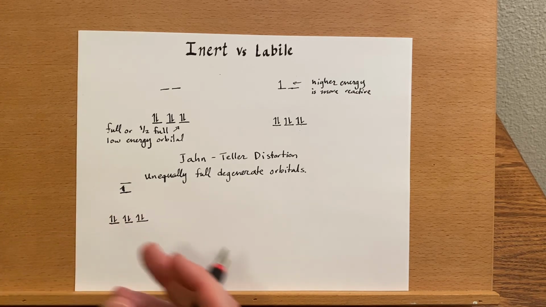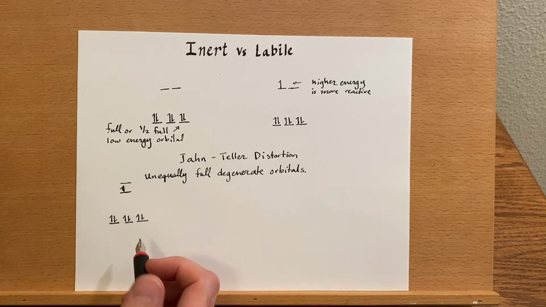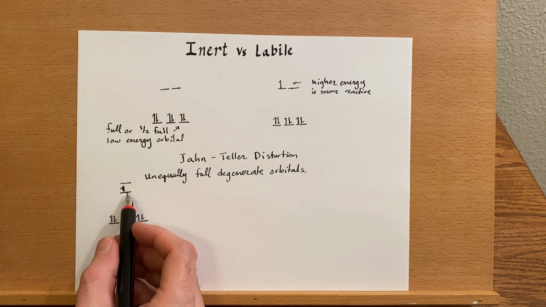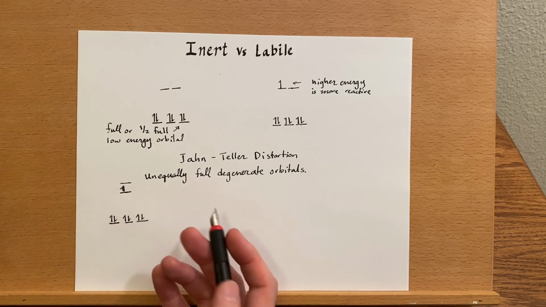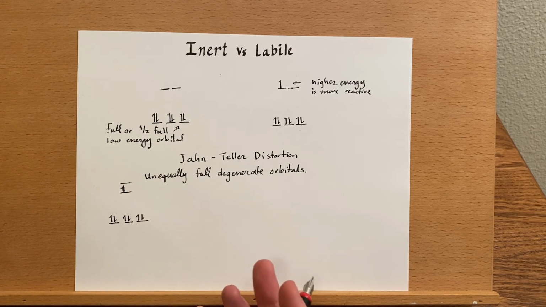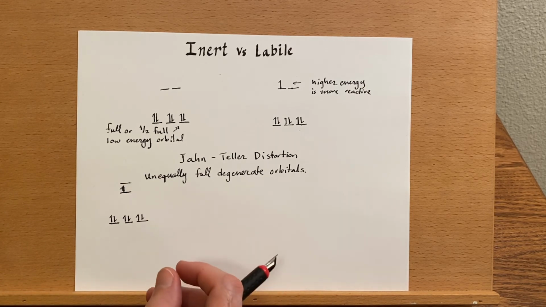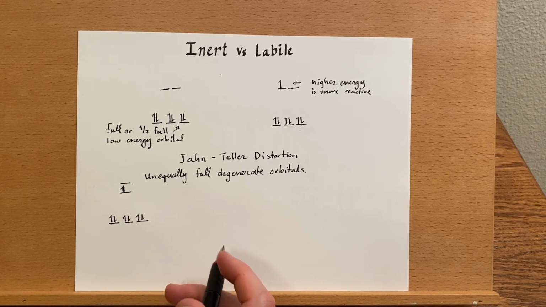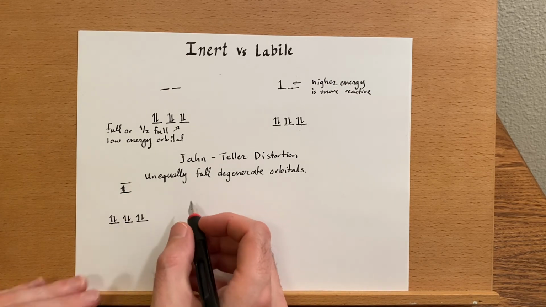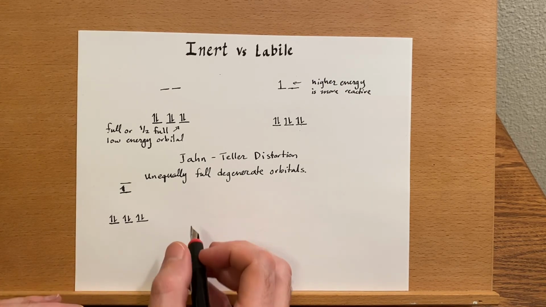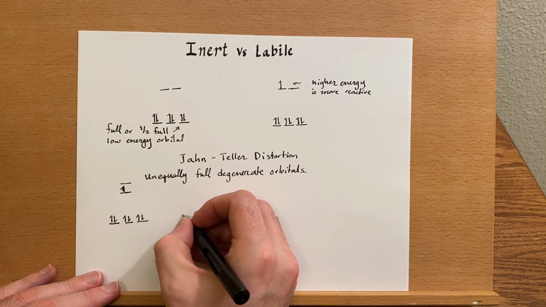Now, what orbital is that? Well, it could be either the x squared minus y squared orbital, or it could be the dz squared orbital. Either one, that can happen. So what is the result of that? Well, one of 2 things will occur.